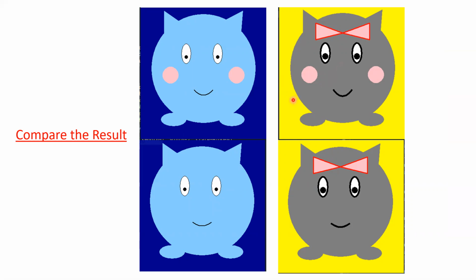When we compare these two columns, we can see that I added the bow, and I made a big thick outline of the eyes, and the black dot inside the eyes is much bigger, and the mouth here is also thicker with a larger smile, and this one is the normal state of the pet.